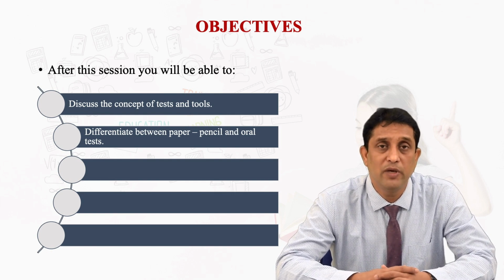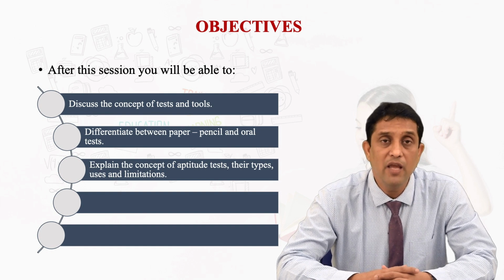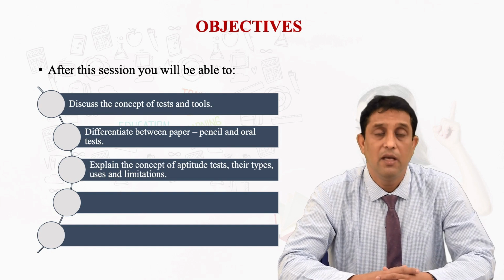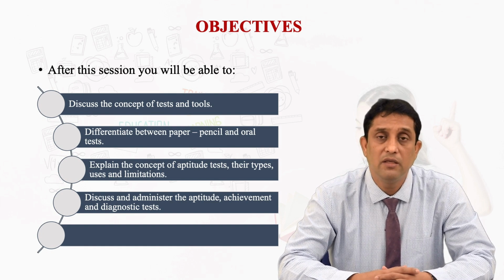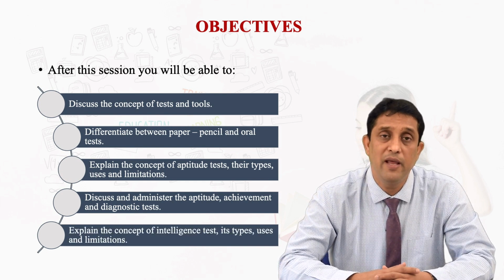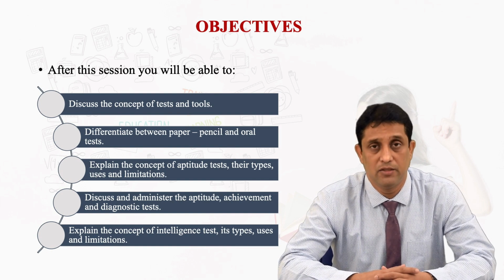Then you will be able to explain the concept of aptitude test, their types, uses and limitations. Then you will be able to discuss and administer the aptitude, achievement and diagnostic test, and further you will be able to explain the concept of intelligence test, its types, uses and limitations.